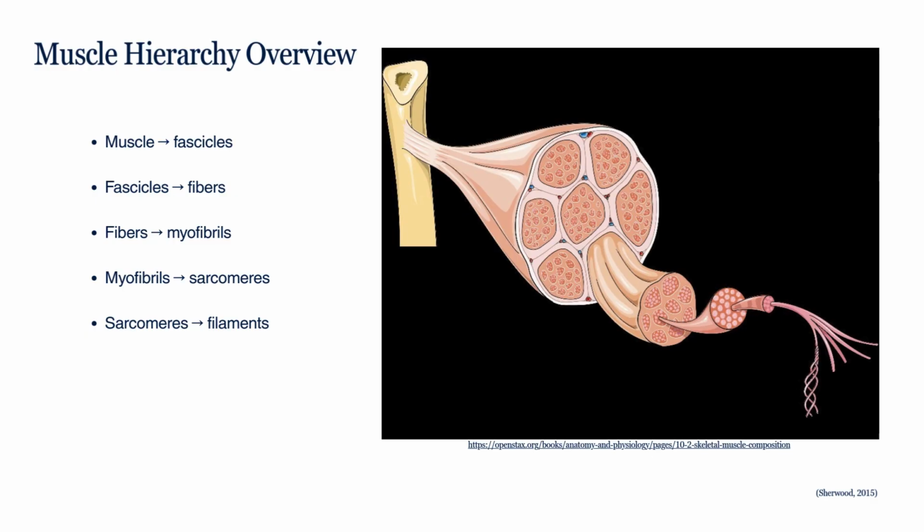Now, the sarcomeres hold the actin and the myosin filaments responsible for contraction. This means that the force produced starts at the sarcomere level. It's summed across the myofibrils, then across fibers, then fascicles, and then finally the whole muscle. This hierarchy provides both strength and precision, and those are two qualities that are essential for normal movement.